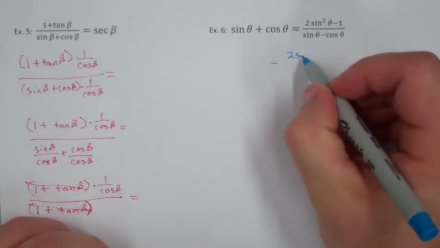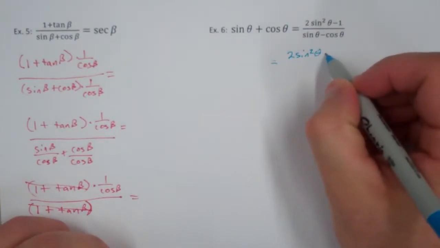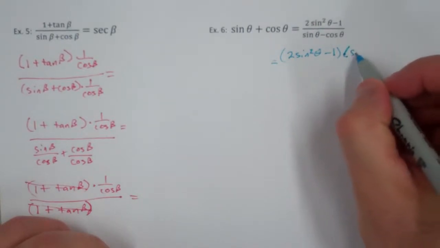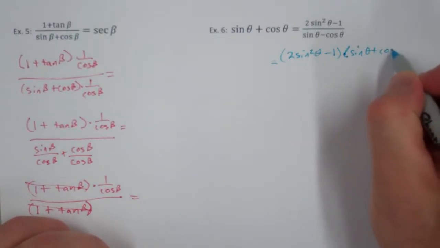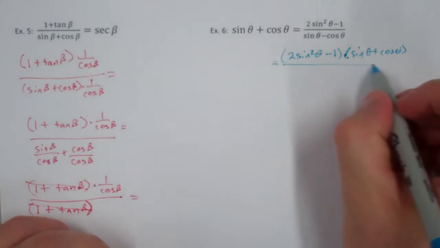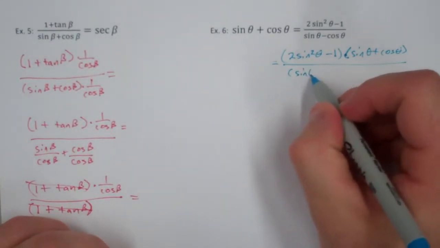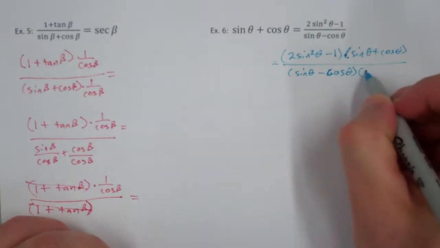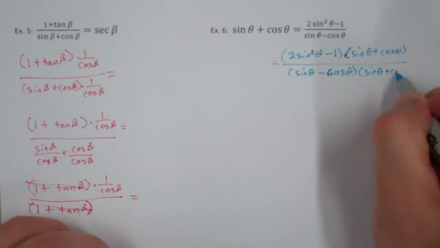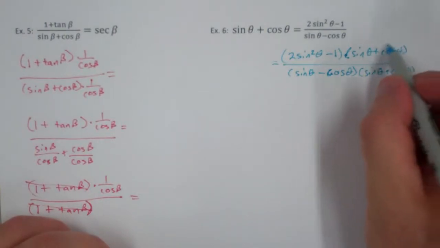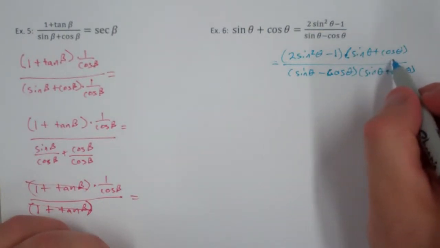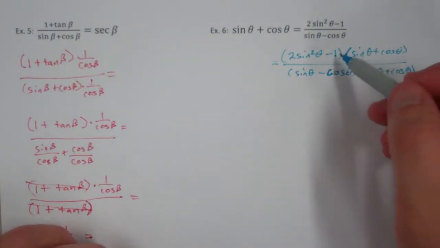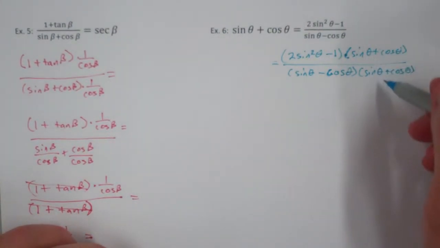So this is going to be 2 sine squared theta minus 1 times sine of theta plus cosine of theta, all over sine of theta minus cosine of theta times sine of theta plus cosine of theta. So here we're multiplying the numerator by sine plus cosine and the bottom by sine plus cosine. So we haven't changed the value of this, we're just multiplying by 1 here.